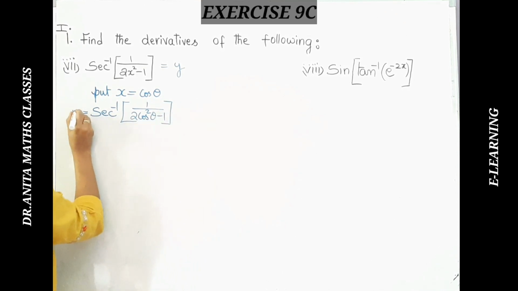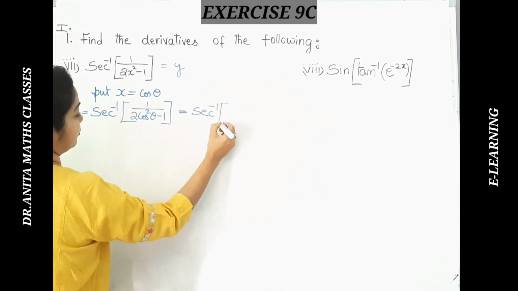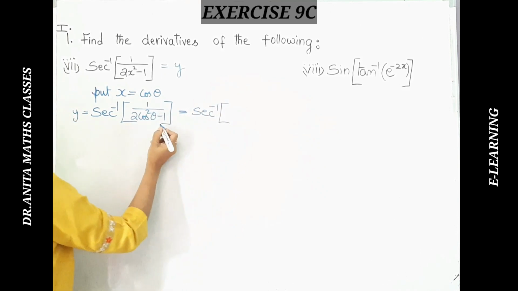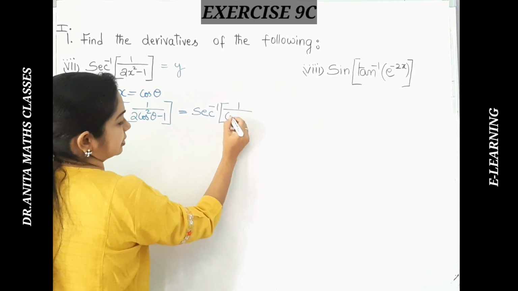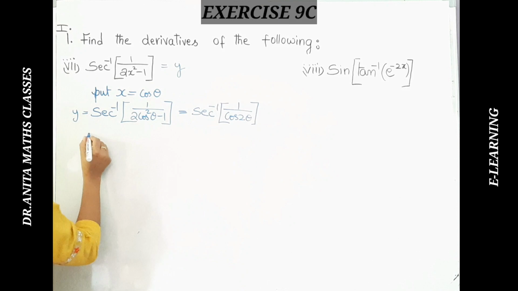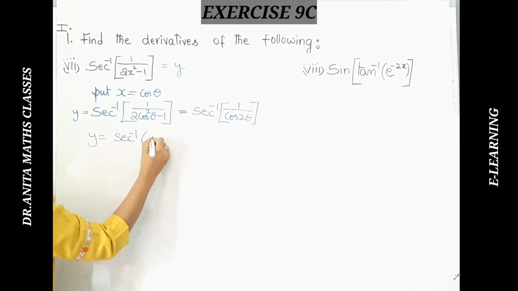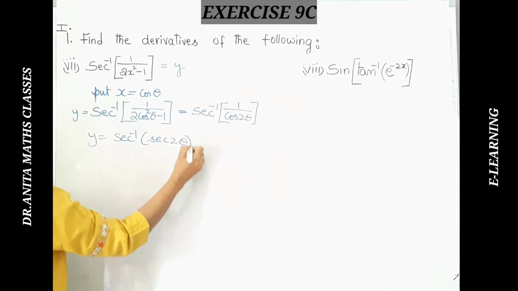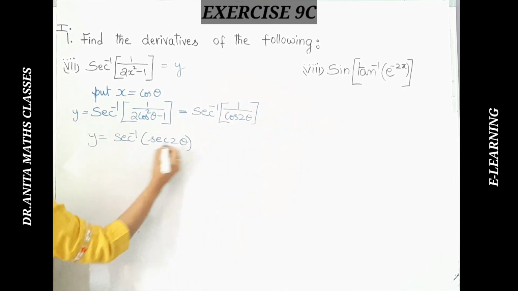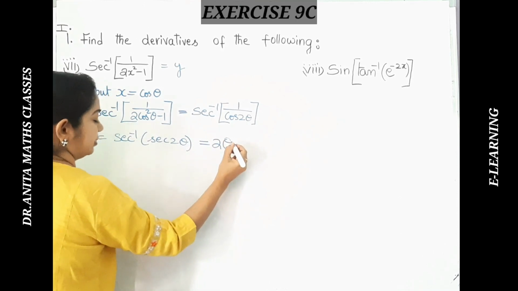So this is equal to secant inverse of 2 cos square theta minus 1, which is cos 2 theta, by the cos 2 theta formula. So y equals secant inverse of secant of 2 theta. These two go off, only 2 theta remains.